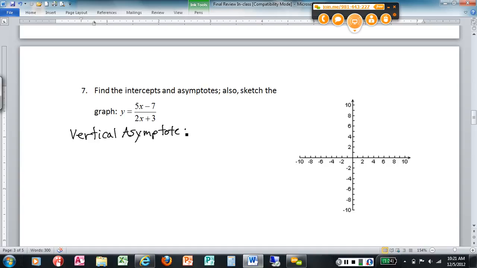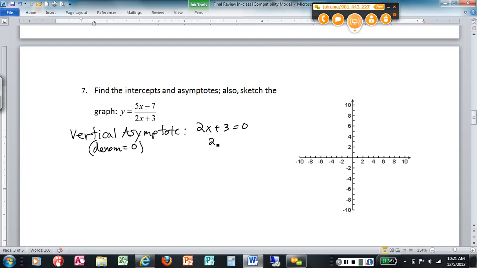Well, remember the vertical asymptote occurred where you had an undefined expression. And so when you want to find the vertical asymptote of this, you set the denominator equal to 0. 2x plus 3 equals 0. The solution to that will be the vertical asymptote.